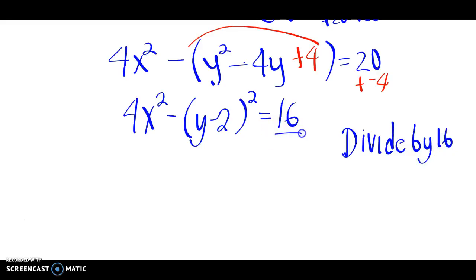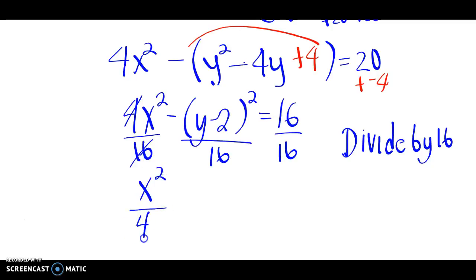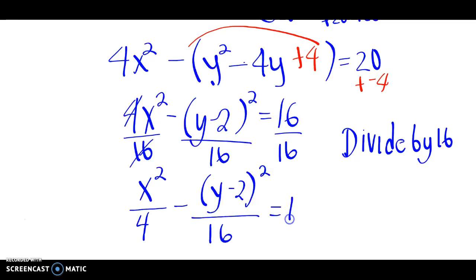So I'm going to simplify. This becomes x squared over 4 minus y minus 2 squared over 16. There's nothing to simplify there. Equals 1. The center of the hyperbola is what?